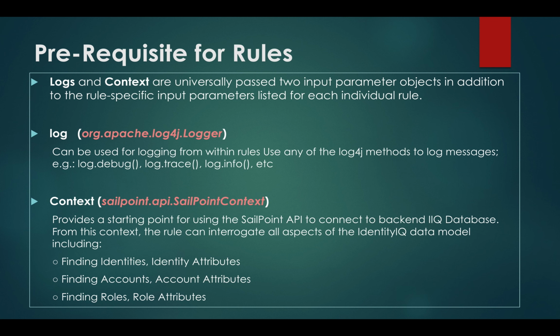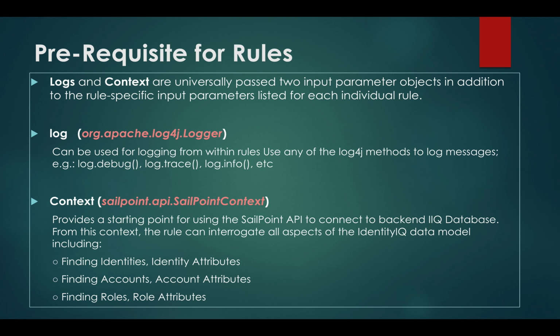Similarly, we also have a context object, which is packaged into a class called sailpoint.api.SailPointContext. The purpose of context is to interact with the Identity IQ backend database. Therefore we can define context as a starting point for using the SailPoint API to connect to the backend database. From this context object, the rule that we write can query all the objects and their columns present in the Identity IQ database tables.